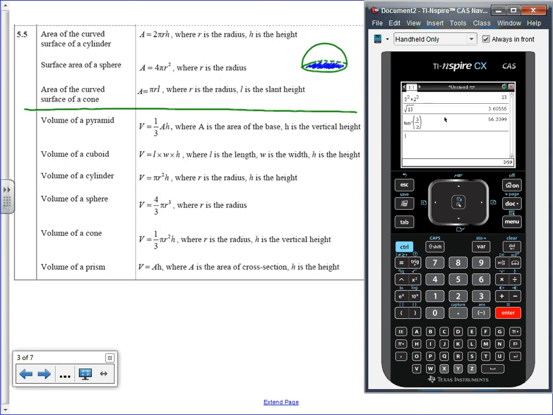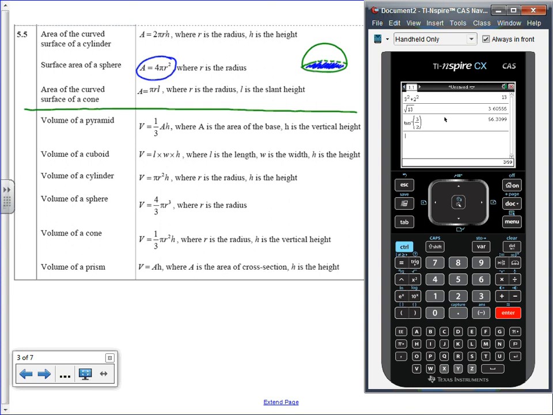But if this was a figure where you were actually asked to calculate the entire surface area, including the curved part and the circular bottom, you'll have to know that it's going to be half of this formula plus the additional circle that is now there on the bottom. So when you cut a sphere in half, you get that circular bottom that would be kind of resting on the table if you had this figure resting on a table. So you're going to have to do some serious thinking when you're asked to do area calculations.